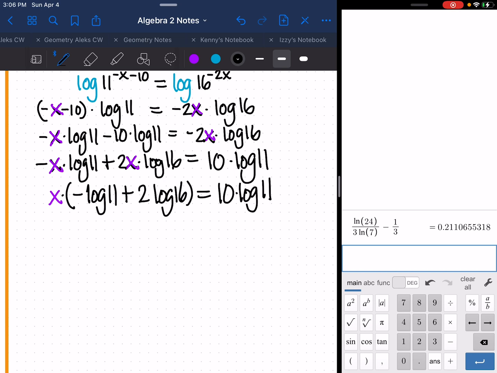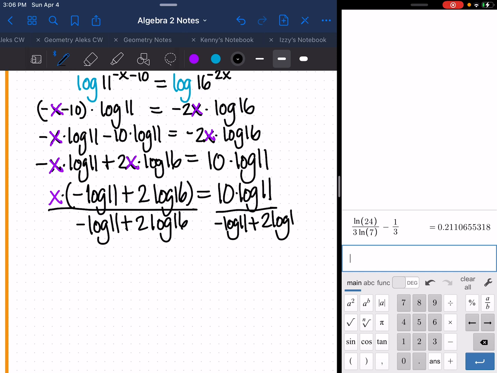And now I can do my dividing and get x by itself completely. So I'm going to divide by negative log 11 plus 2 log 16. This is going to completely cancel out, leaving me my x.